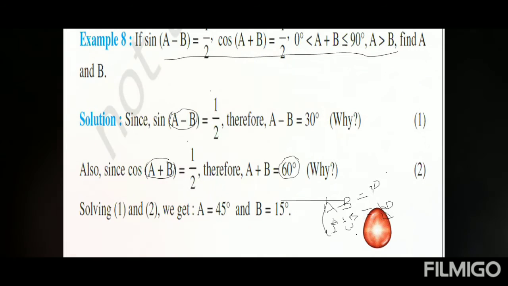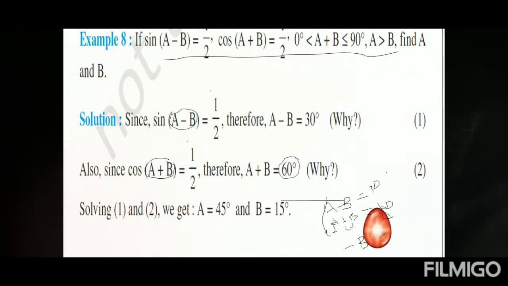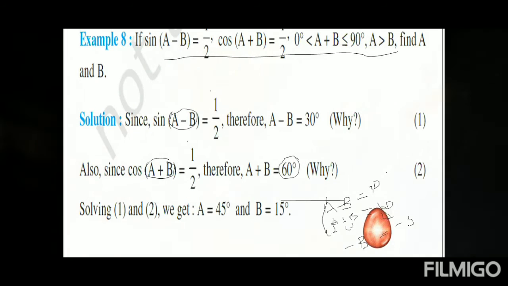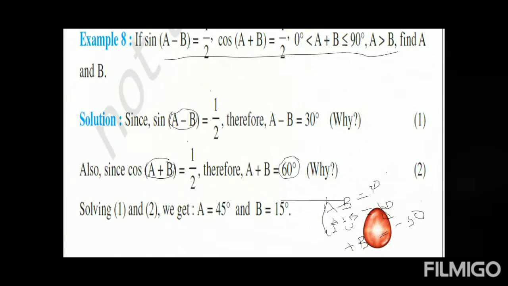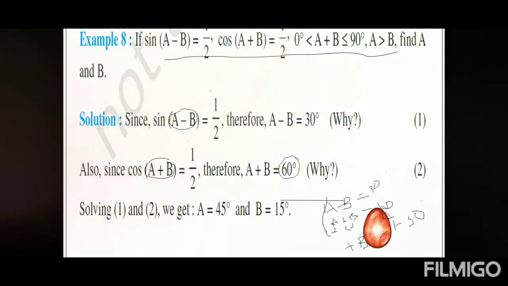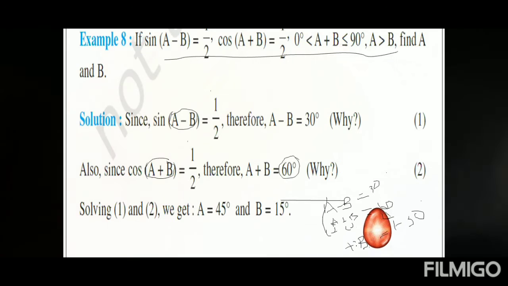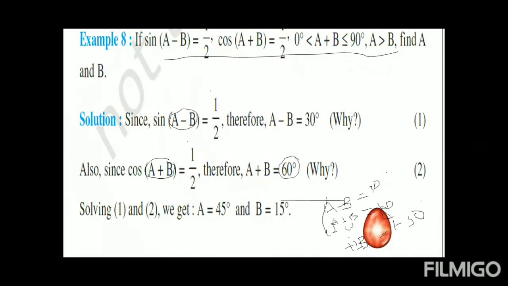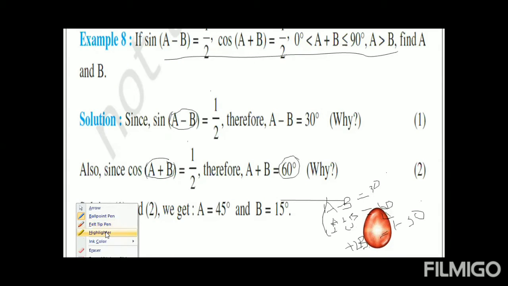A will get cancelled, minus B equals minus 30. On both sides, the minus will be cancelled.